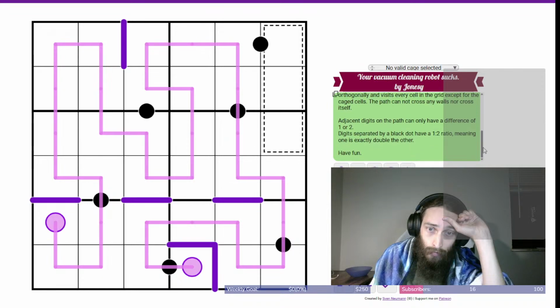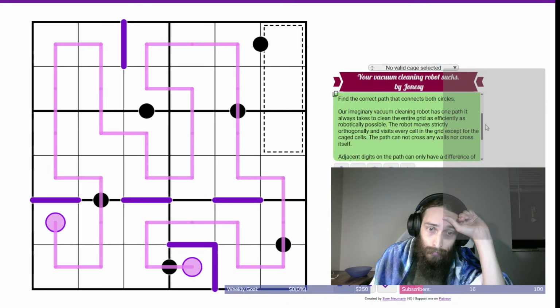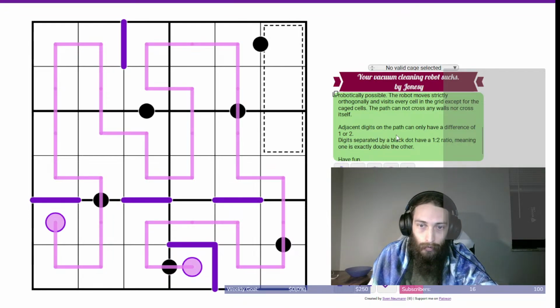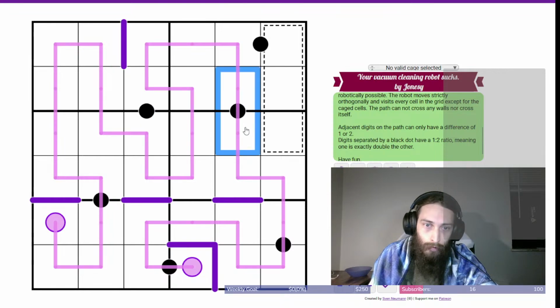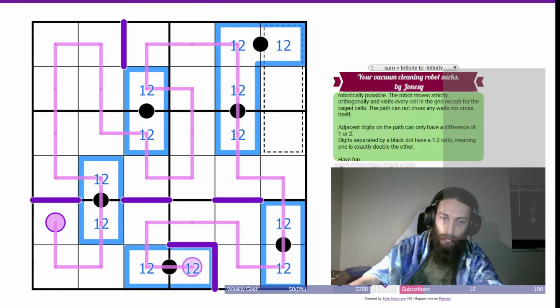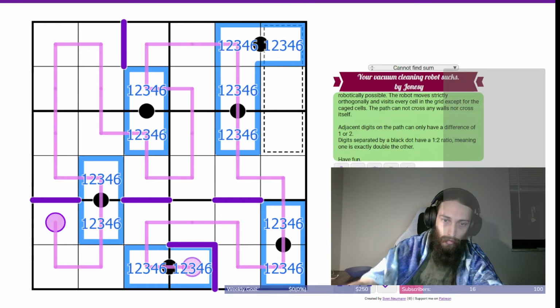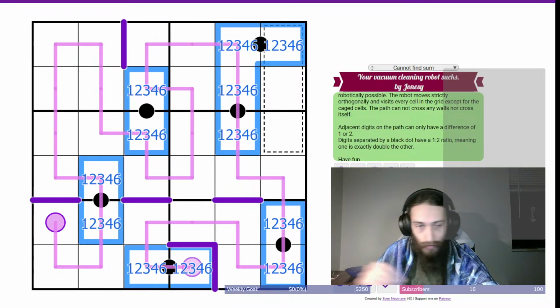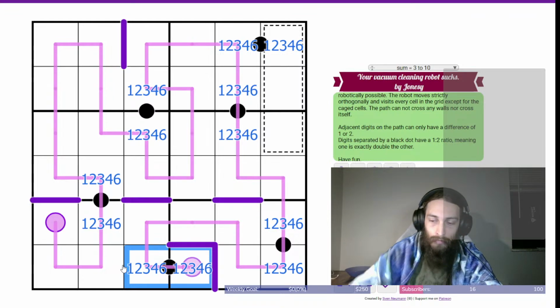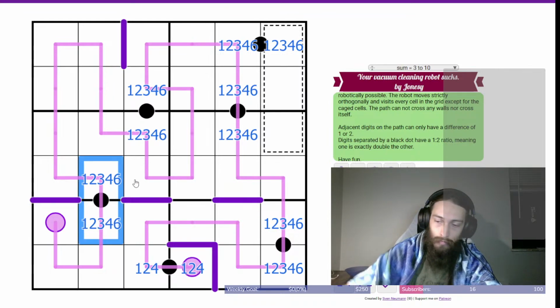Now, the adjacent, only a difference of 1 or 2. Yeah. And digits separated by a black dot have a 1 to 2 ratio. So anywhere we've got black dots, 1, 2, 3, 4, 6. Now, you can't do 3, 6 on the path.